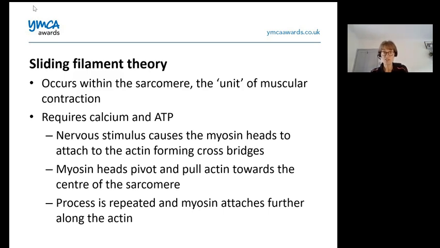This requires energy in the form of ATP, and the calcium helps by opening up, really revealing those binding sites for the myosin on the actin strands.